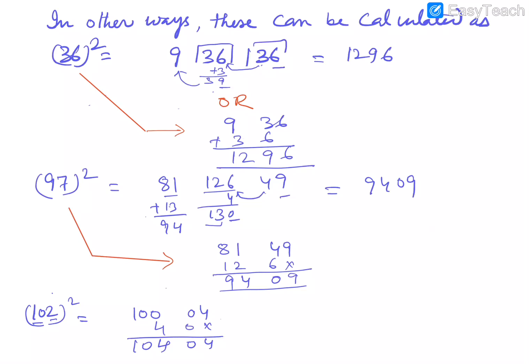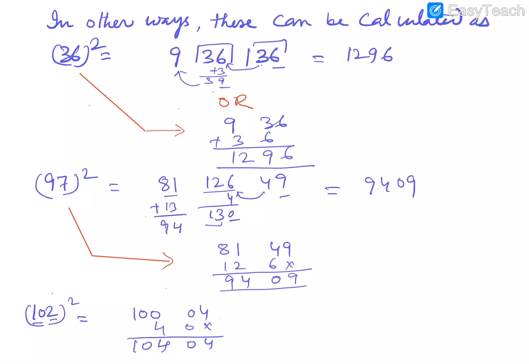102 square, using the same way, square of 10 as square of 9 has been written here, square of 3 has been written here. So square of 10 will be written as 100 here.